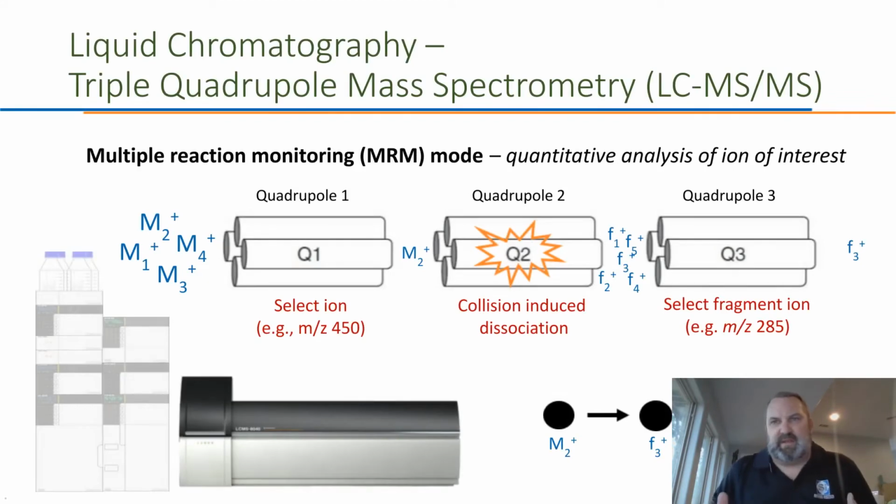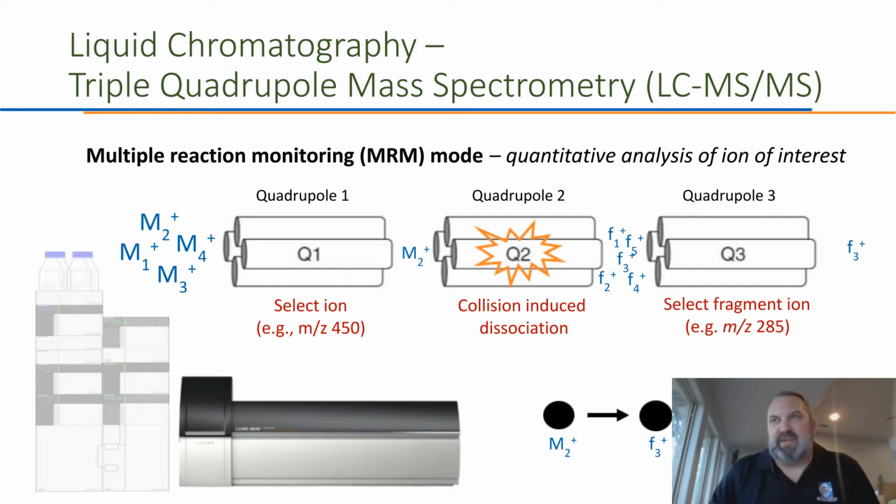The same type of approach, at least with the first quadrupole, is utilized when we go into a multiple reaction monitoring mode. And this is really where the power of triple quad mass spectrometry comes for quantitative analysis. This multiple reaction monitoring mode allows really great sensitivity and specificity.